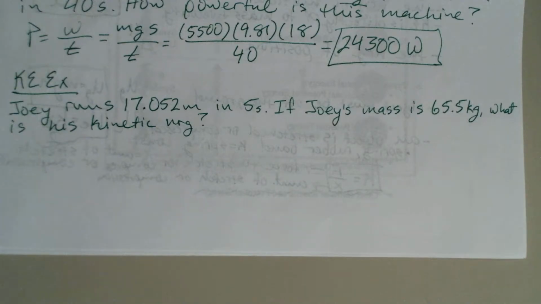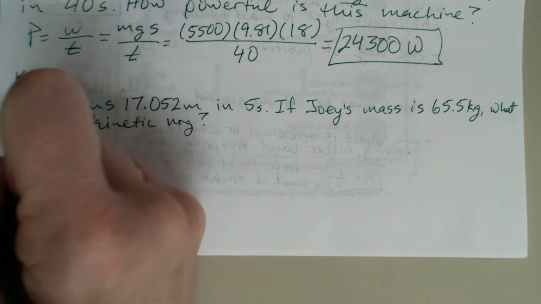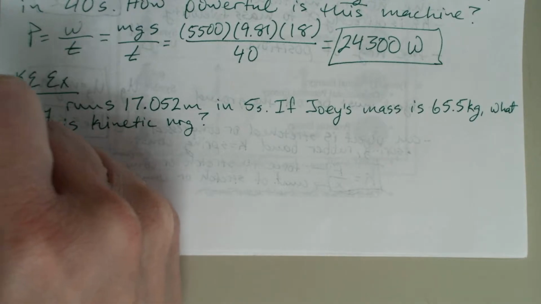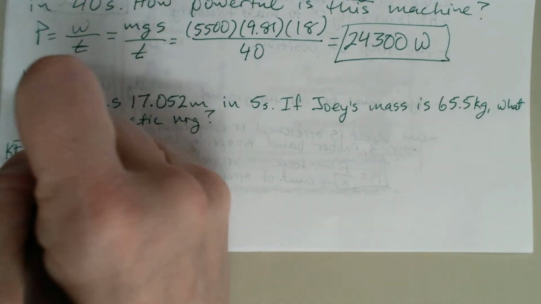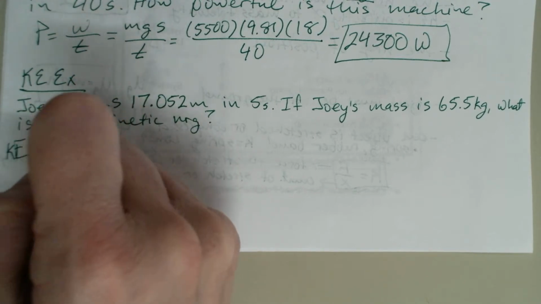All right, so in this kinetic energy example problem, Joey is running 17.052 meters in 5 seconds. That's that hill outside. Joey's really fast. If Joey's mass is 65.5 kilograms, what is his kinetic energy? Well, KE equals mv squared over 2.